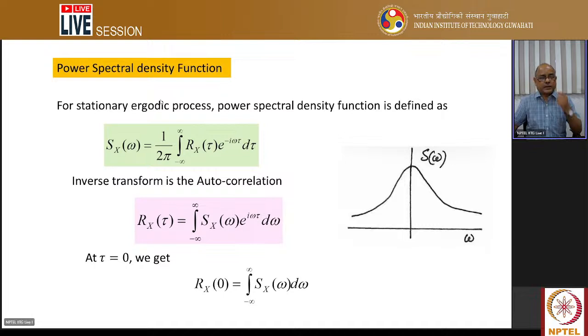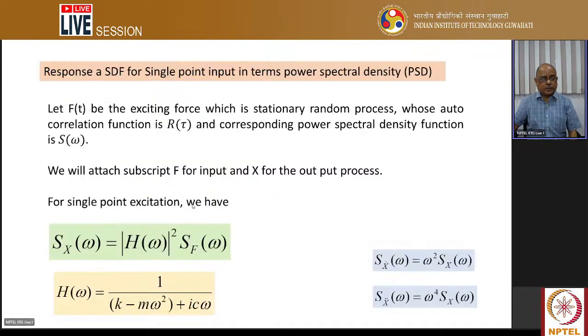So different spectral density curves for the excitations are given, and from them we can obtain the spectral density of the response X. S_F(omega) represents the spectral density of the forcing function, and this is the spectral density of the response quantities, and it is related through |H(omega)| squared, where H(omega) is the complex frequency response function.